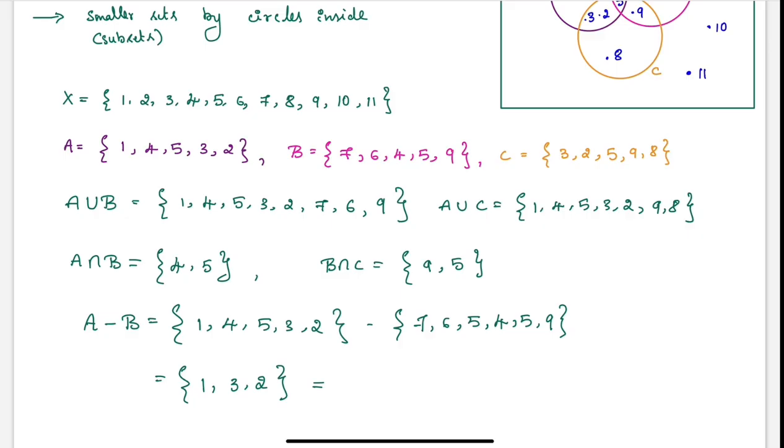That is, you can also write A minus (A intersection B). The meaning of A minus B is also this. Similarly, you can take B minus A, or A minus C.